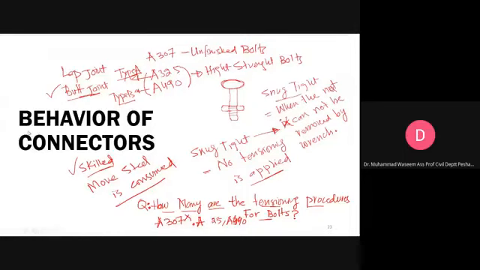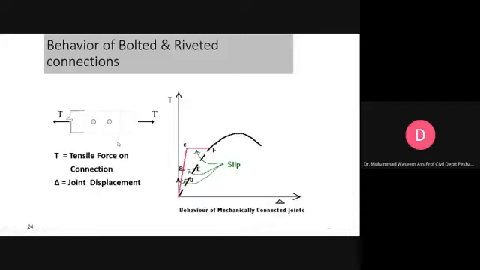Okay, now we will discuss the behavior of connectors. In behavior of connectors, we will first talk about the behavior of bolted and riveted connections. As we discussed, I will try to explain it with the help of a drawing, so let me draw a lap joint here.